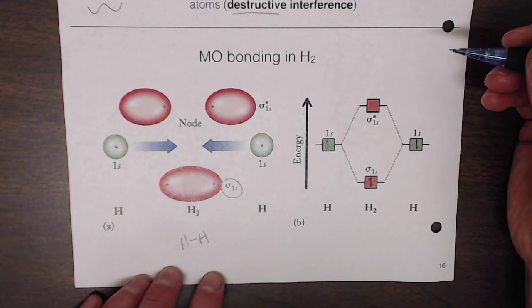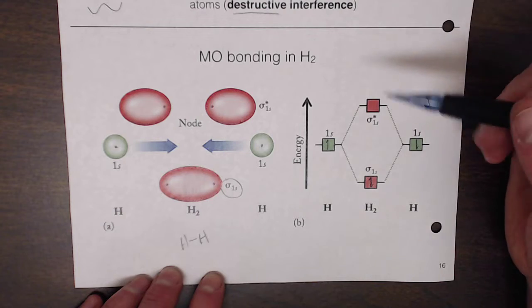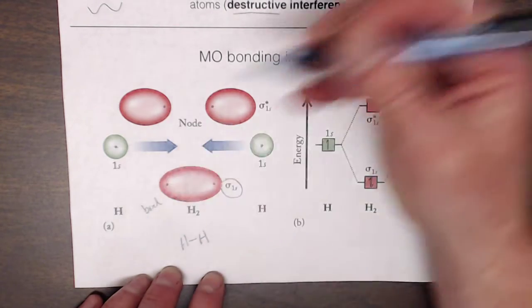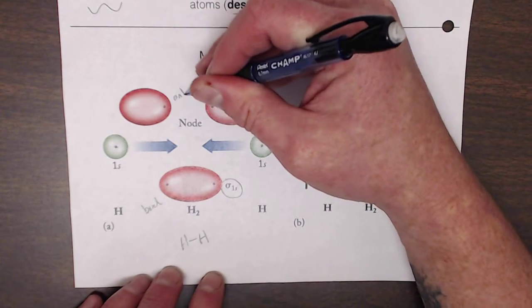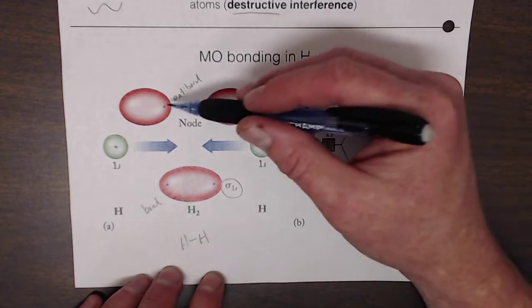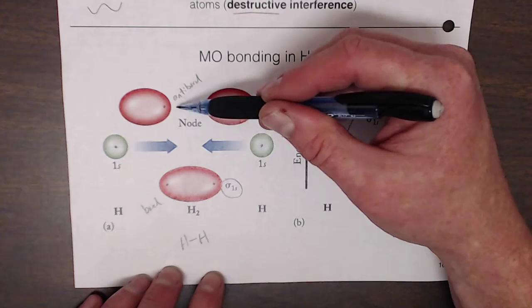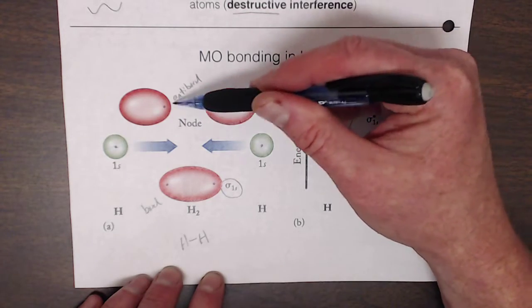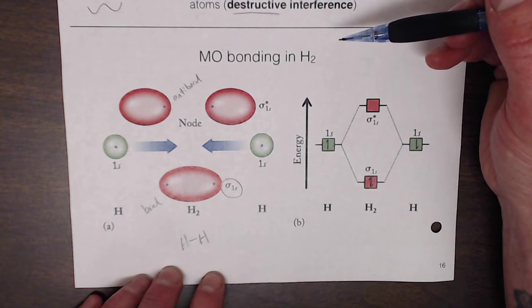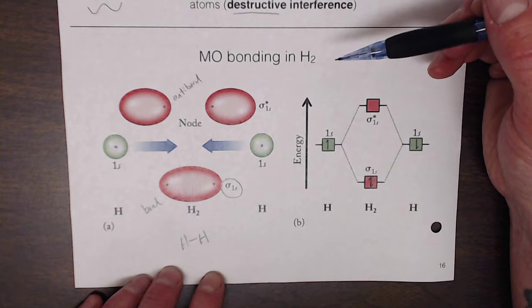But now we also accept that the anti-bond is possible. So this is the bond, and this is now the anti-bond. And so what you'll notice is in the anti-bond, there's no electron density or electron probability existing between the two nuclei.